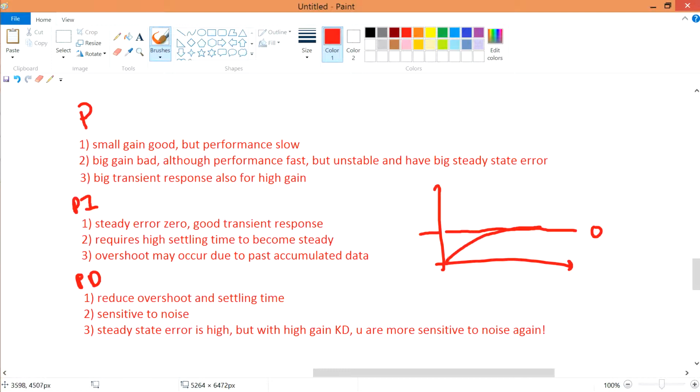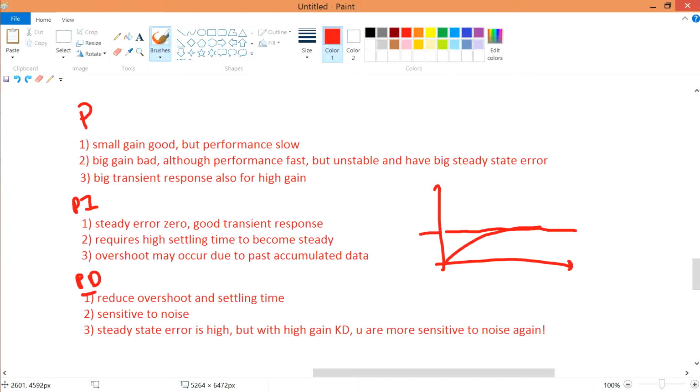Alright, but however, when you increase your high gain, the steady state is actually over here. So the error between your response and the output that you want is a high error, and therefore this is not good. Alright, but however for the PI controller, you're actually allowing your error to go to 0, or rather go to your desired output. Alright, but however you can't deal with the overshoot. Alright, the setback is the overshoot.